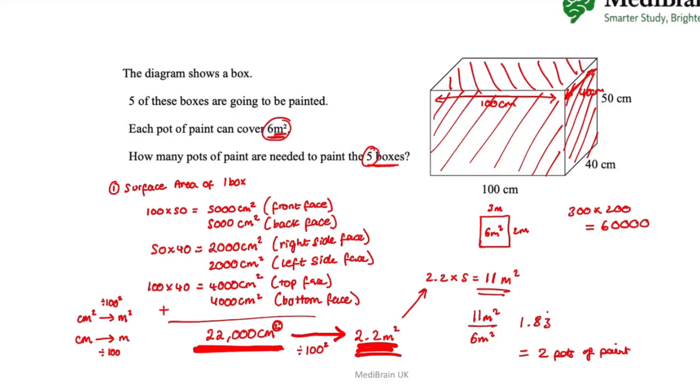And you know that one pot of paint can cover 6 meters squared. So you're going to do 11 meters squared divided by 6 meters squared, and that's going to get you 1.83 reoccurring. And you can't have a decimal, so you have to round it up to the nearest pot of paint. So it's going to be 2 pots of paint as your final answer.